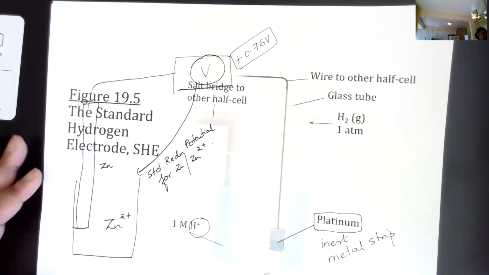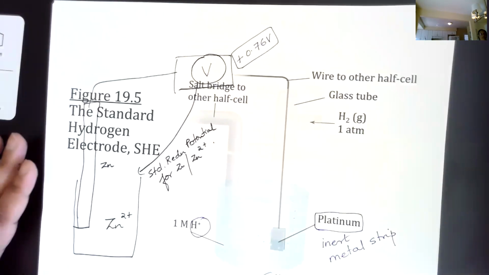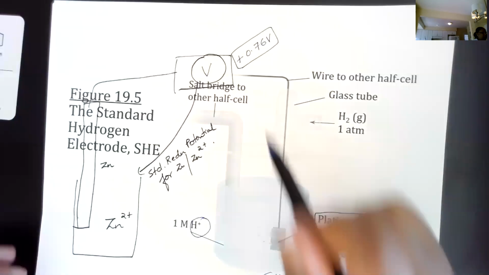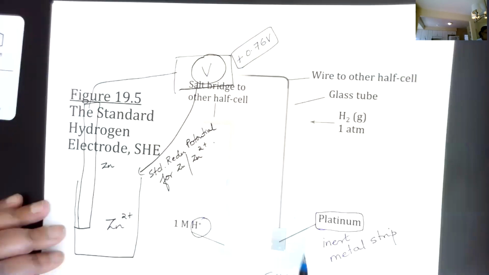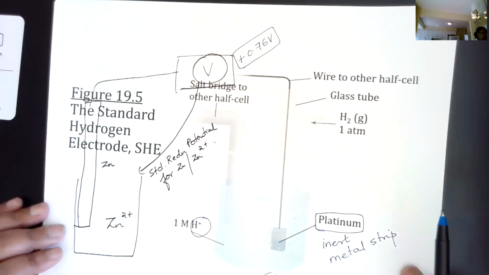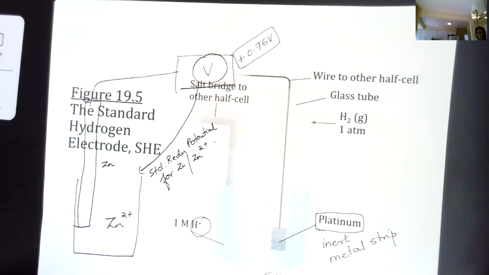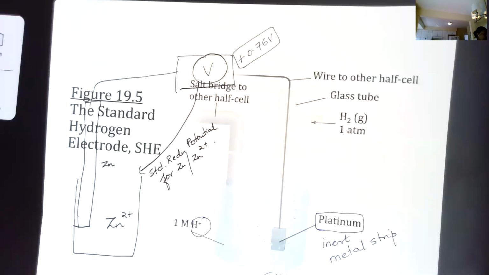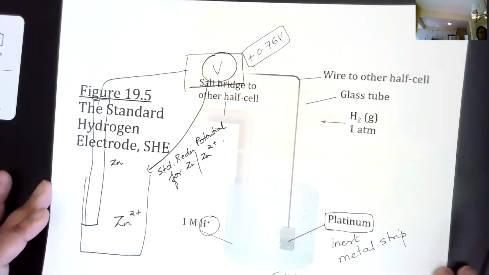And so they say the anode compartment's voltage is plus 0.76. And we'll learn why the reduction potential is reversed, right? That sign changes, we'll talk about that a little bit later. But this is how they come up with the table. So next they remove this, and they've done it with lead. And they've done it with gases as well, not just the metals, the non-metals as well, okay?